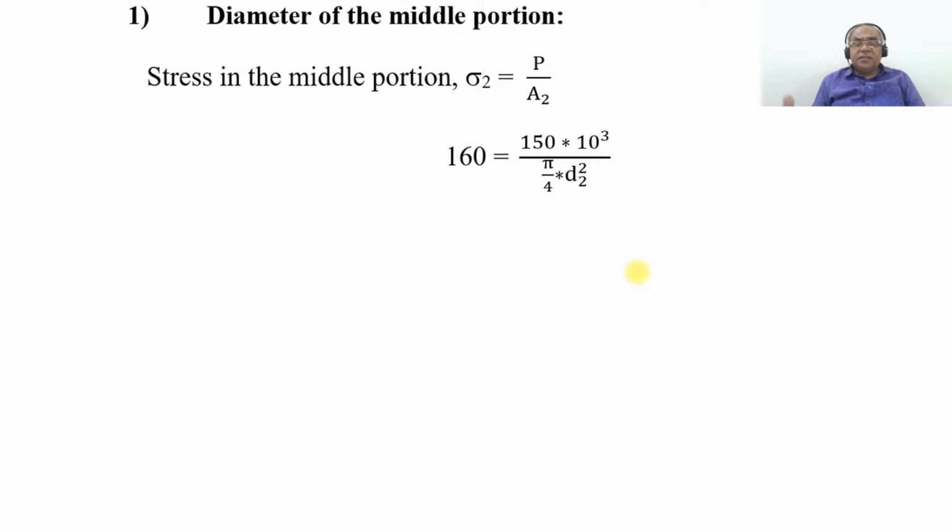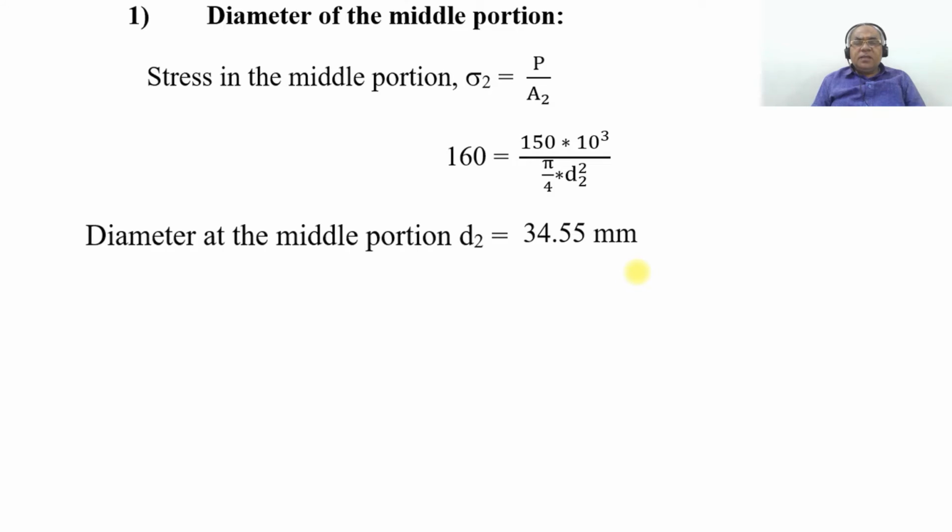Let us assume it as d2. Since it is a circular bar, the area is pi by 4 into d2 square. On simplification, the diameter of the middle portion, d2, will be equal to 34.55 mm.